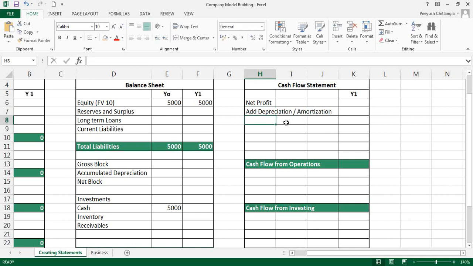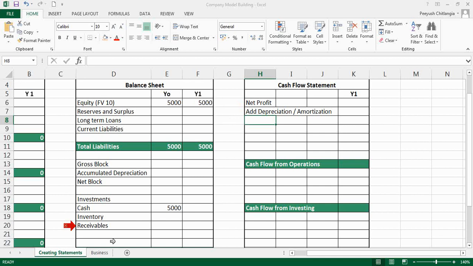Now remember, it is assumed that all the sales have been recovered, which means whatever is sold has already come into the firm. If that has not happened, practically when we started with the assumption around net profit, we assumed that all sales have been received and all payments have been made. Now let's say sales have not been received. That will mean that receivables would have gone up, right?